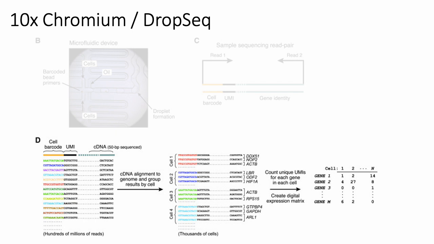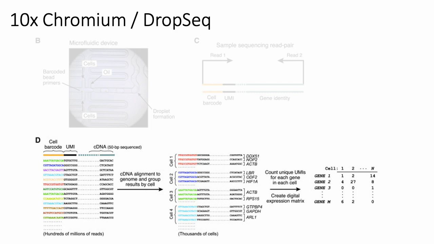You can tell how many times each cDNA molecule was amplified, relatively speaking, because you'll see the same UMI duplicated over and over again. And you can tell how many original transcript molecules there were, because that corresponds to the number of unique UMIs that you sequence in your library.